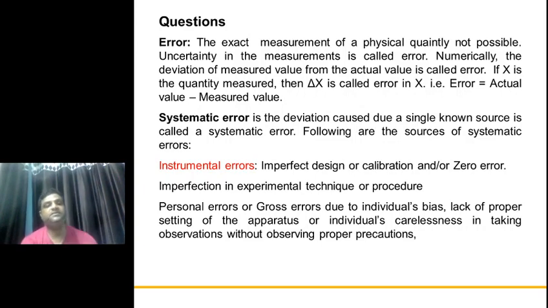These are the errors associated with the instruments, and they are part of the systematic error. To summarize: imperfect design, calibration, imperfection in experimental technique or procedure, individual carelessness, and lastly, observation without proper precaution.